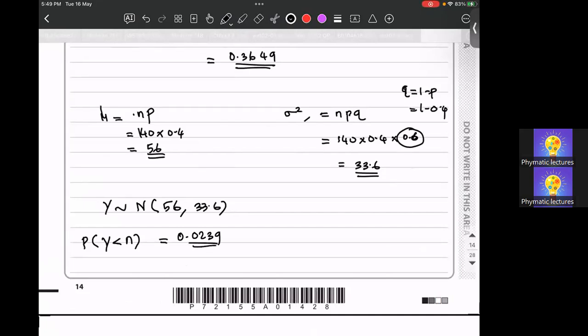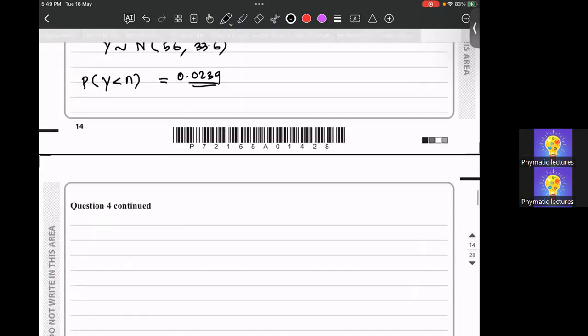And we know that in normal distribution, we convert everything to the standard normal variable. So the Z value is calculated by the equation n minus mu divided by sigma. So n minus 56 divided by the square root of 33.6.